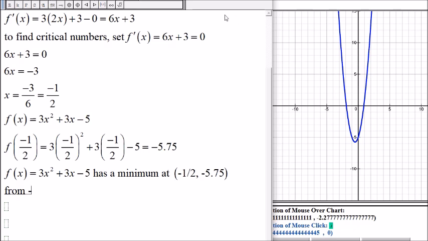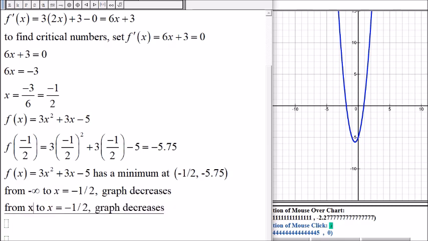So from negative infinity to x equal to negative 1 half, the graph decreases. And then from x equal to negative 1 half to positive infinity, the graph increases.